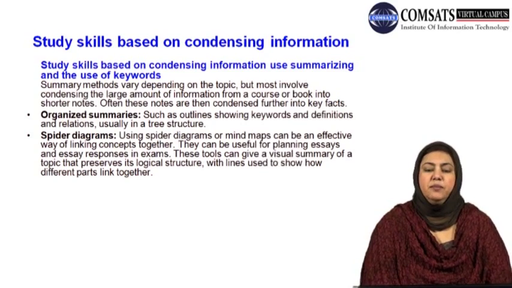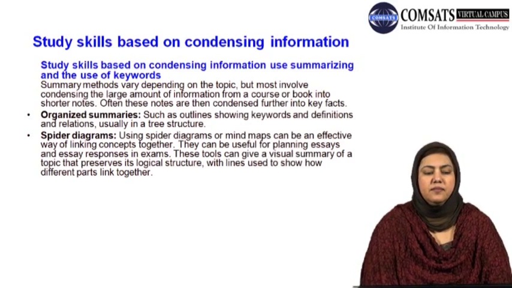Summary method varies depending on the topic, but most involve condensing the large amount of information from a course or a book into shorter notes. Often these notes are then condensed further into keywords or key facts.